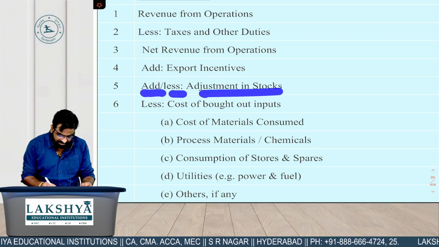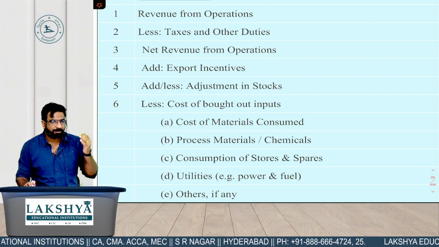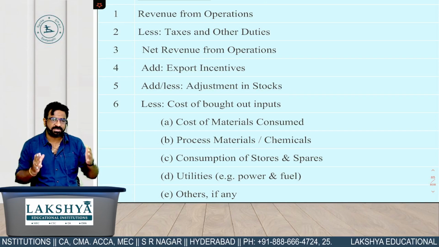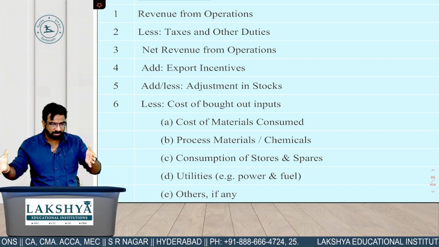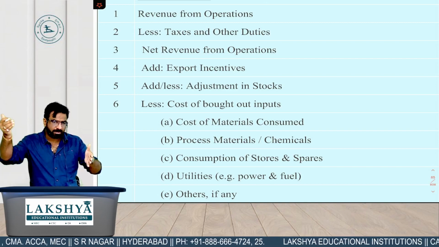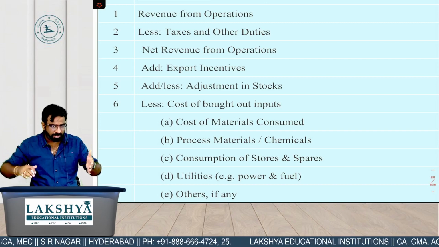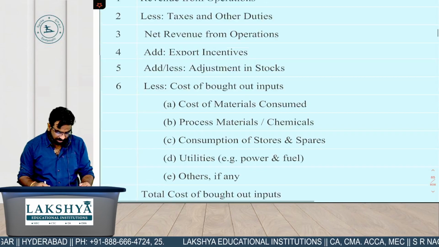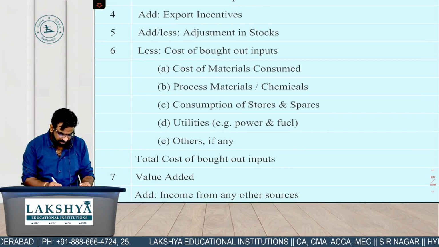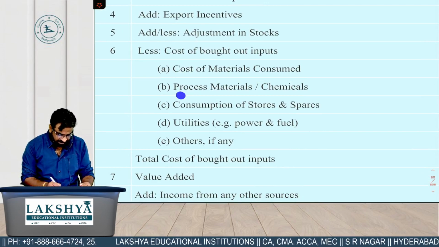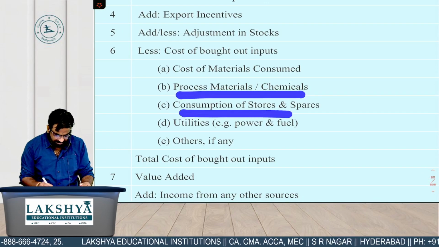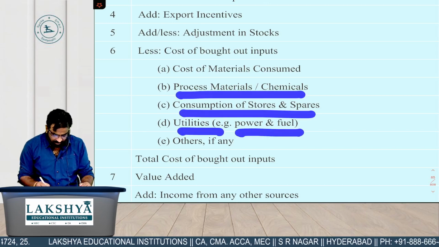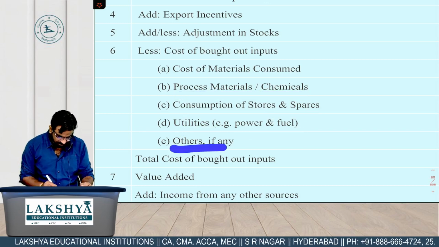Add or less adjustments in stock, up and down in the adjustment in the stock. Suppose you are doing a reconciliation and you find excess, then you add it, and if you find shortage, then you reduce it. Less cost of bought out inputs. What is the first one? Cost of material consumed, process materials, consumption of stores and spares, utilities in the form of power and fuel, and others.